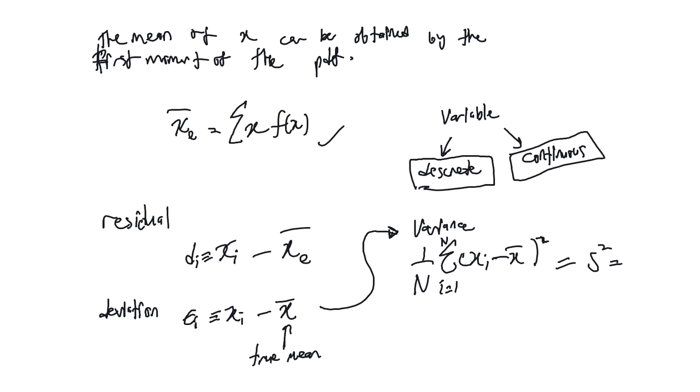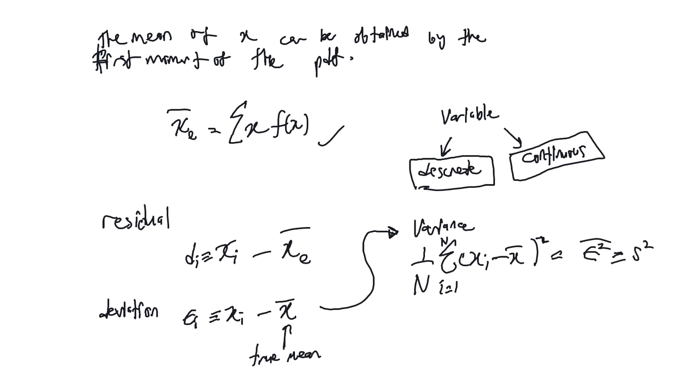So the variance is the mean of squared deviation, and the symbol is s square.